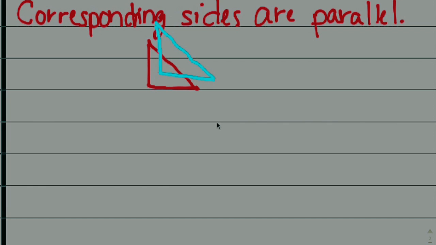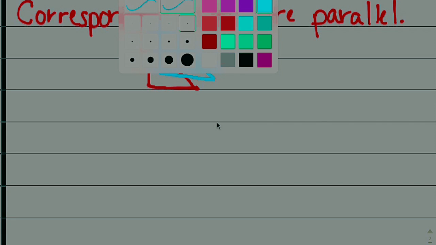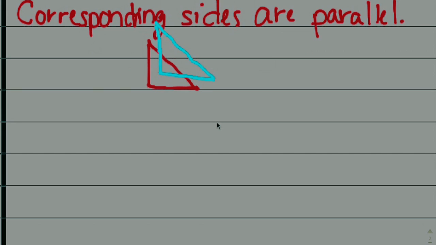So that's what it's getting at. And then also, what you guys should have known or recognized is that these corresponding angles here are congruent. Okay? Yeah, that's a right angle. These corresponding angles are congruent.